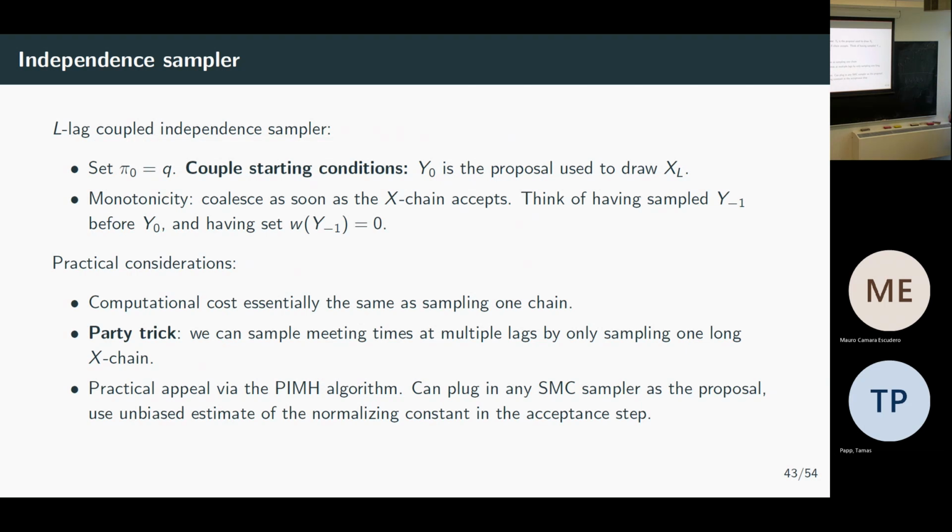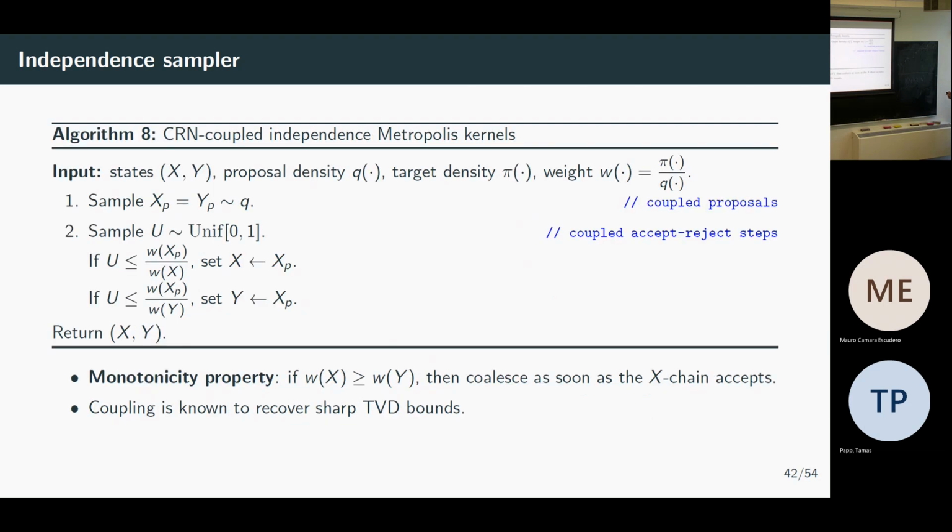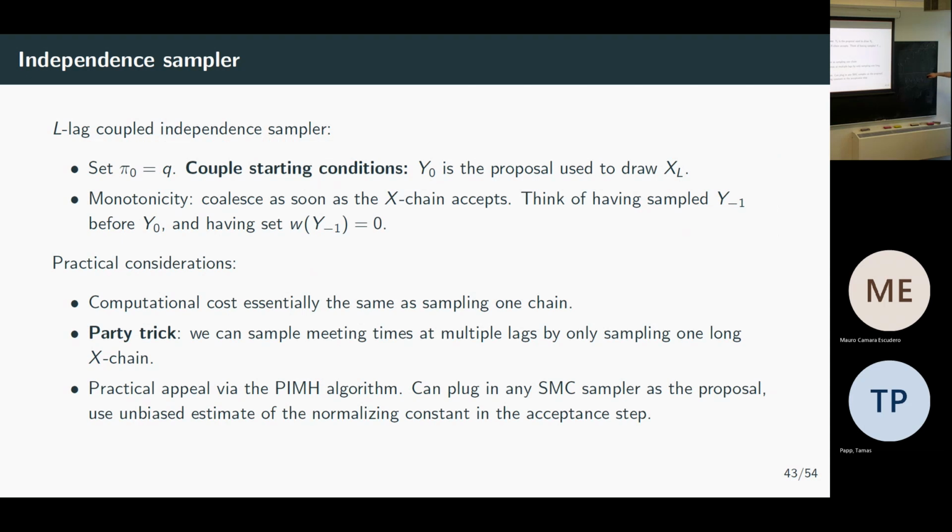Right. And you think, okay, it's the independent sampler, why do you care about this in practice? Well, you can use any SMC sampler as your proposal in the independent sampler. And instead of the weight, you'd have the unbiased normalizing constant estimate you get from the SMC algorithm. So this actually scales better with dimension than your bog standard independent sampler.